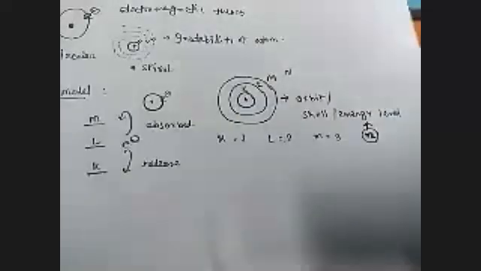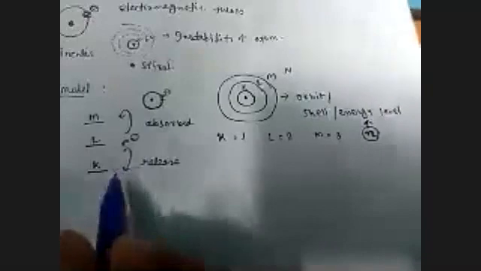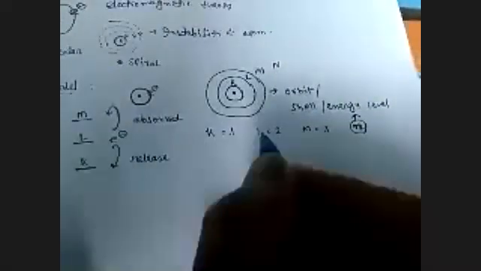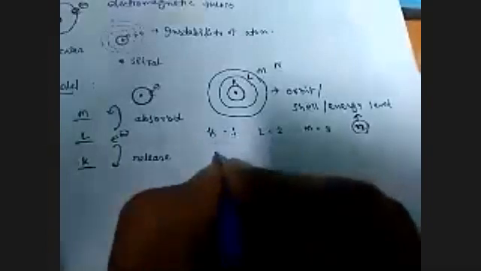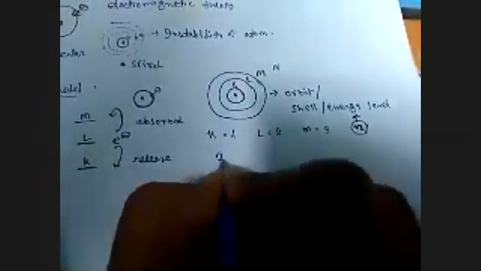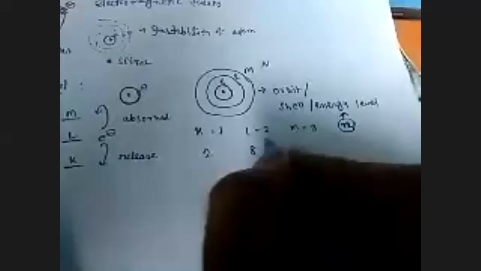He also mentioned the maximum number of electrons that can be placed in an orbit. He tells that it is 2n square. So according to the 2n square formula, in the K cell the maximum number of electrons will be 2. 2 into 1 square, 2. 2 into 2 square, 8. 2 into 3 square, 18.